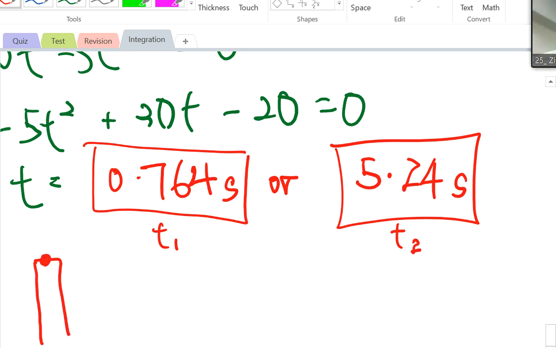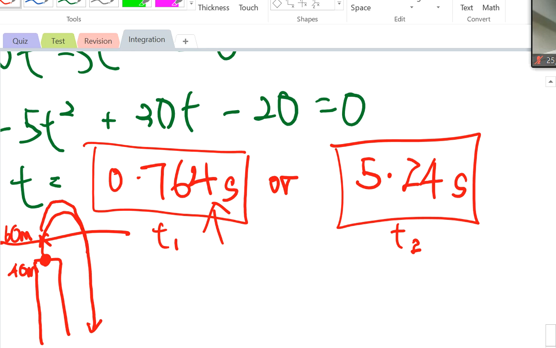Take note, the object left the building. For it to be at 60 meter, of course the building is 40 meter. When it first reached 60 meter, that's the very first one. That's why this is t1. Then it will go up higher, then suddenly it will come down to 60 meter again. So this is the second timing at 5.24. So what is the significance?